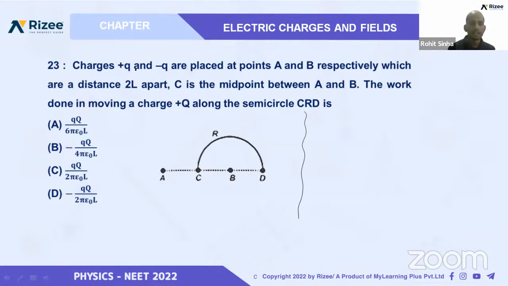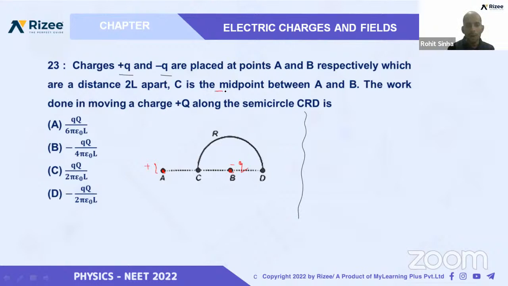It is telling that charges plus Q and minus Q are placed at points A and B. Here it is placed as plus Q and here as minus Q, and they are L distance apart.